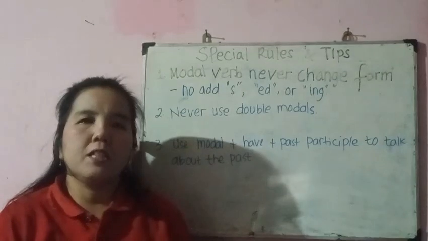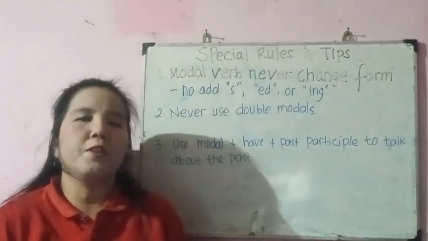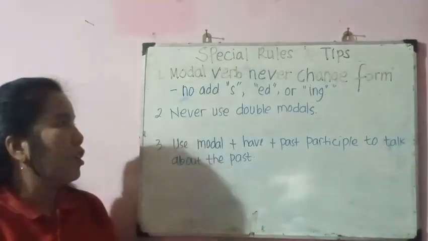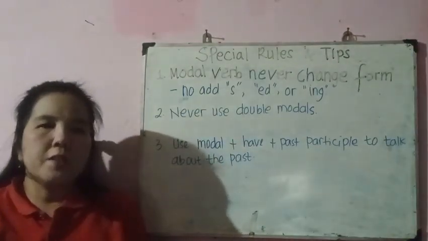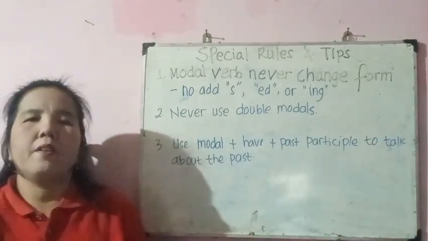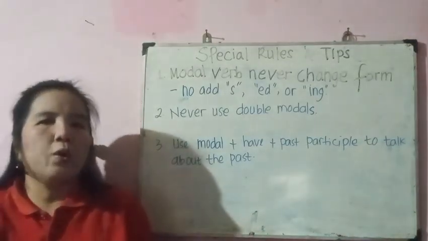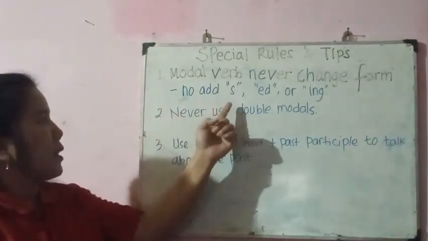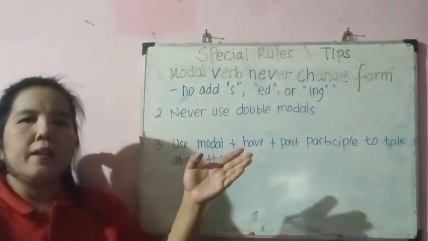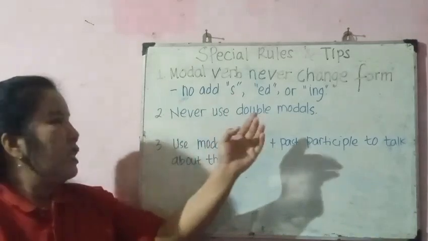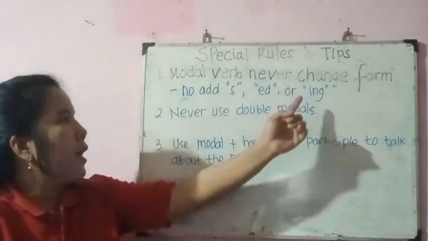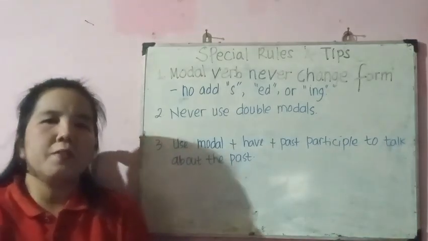Next part is special rules and tips for modal verbs. Tip 1. Modal verbs never change form. The first rule is modal verbs do not change ever. That means we don't add s in the third person, and we don't add ed for the past or ing for continuous form.